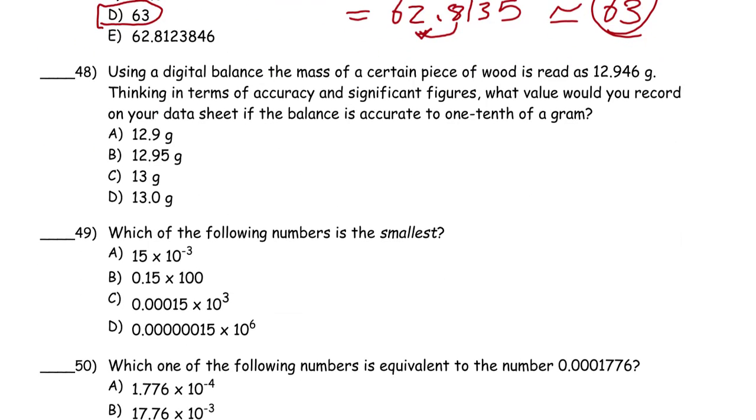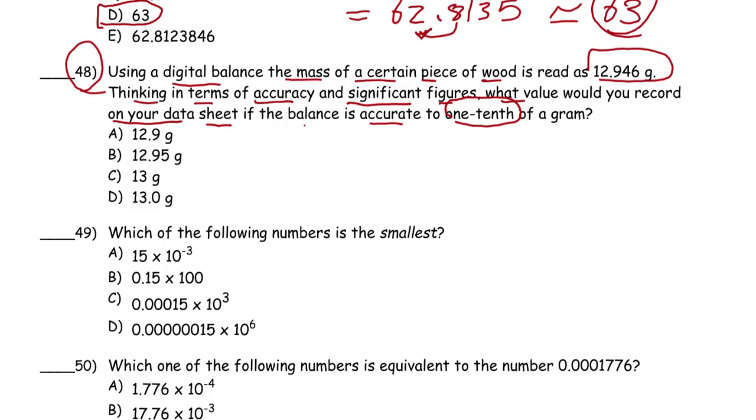Let's move to 48. Using a digital balance, the mass of a certain piece of wood is read to 12.946 grams. Thinking in terms of accuracy and significant figures, what value would you record on your data sheet if the balance is accurate to 1/10, so 1 decimal place only?